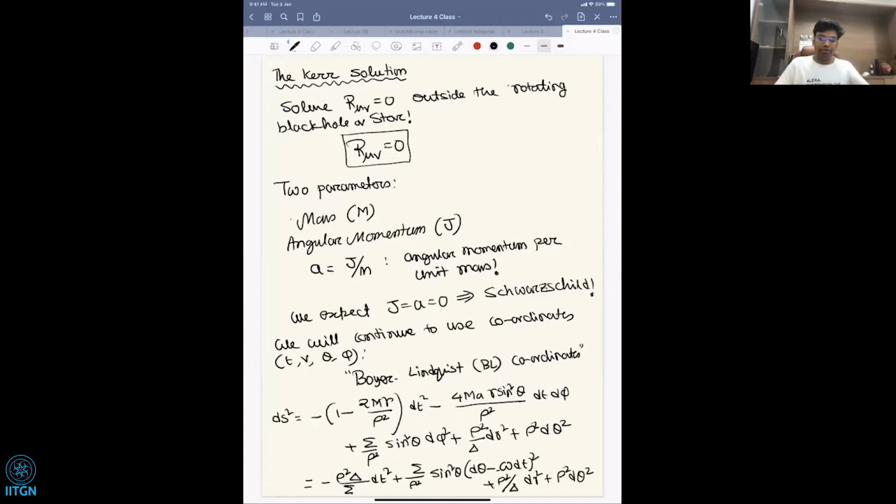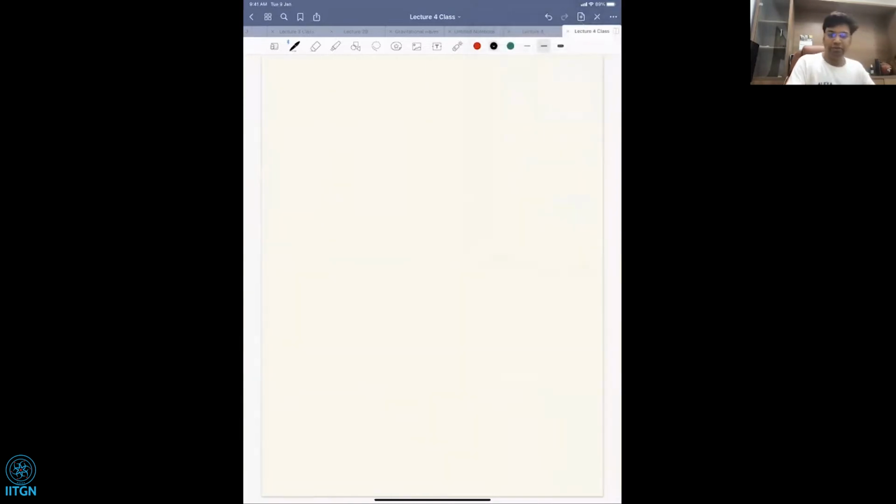So let me define what those objects are. First of all, ρ is related to r as ρ² = r² + a² cos²θ.